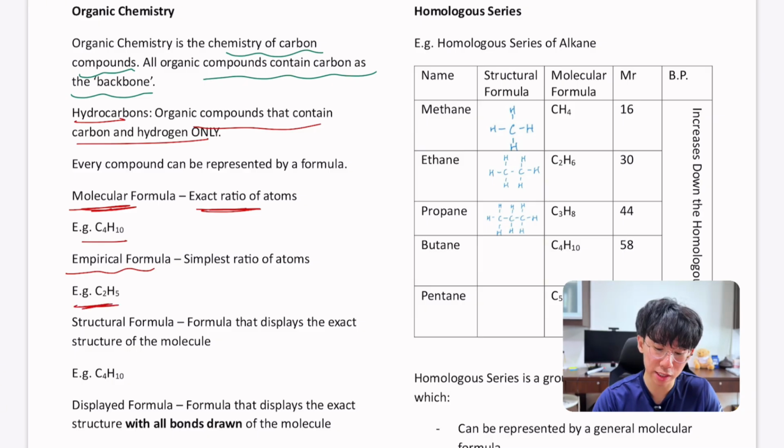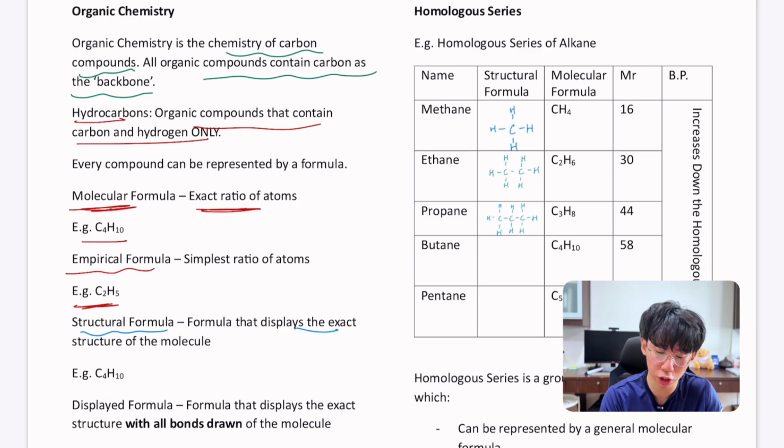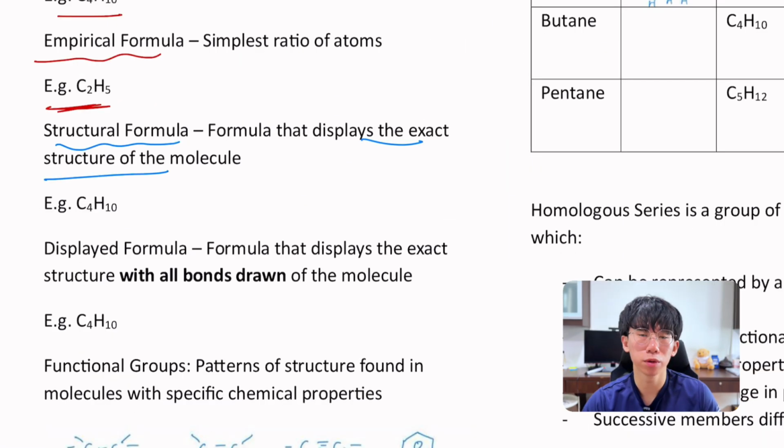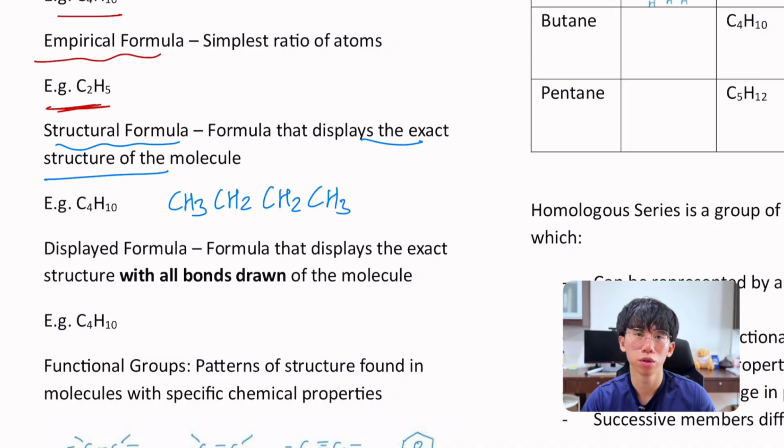What is interesting is the structural formula. This is new in organic chemistry. It tells you the exact structure of the molecule. For example, in a C4H10 molecule, a structural formula that could represent this molecular formula is as such: CH3, CH2, CH2, CH3. And this actually tells you from the formula what the bonds are inside this organic compound.